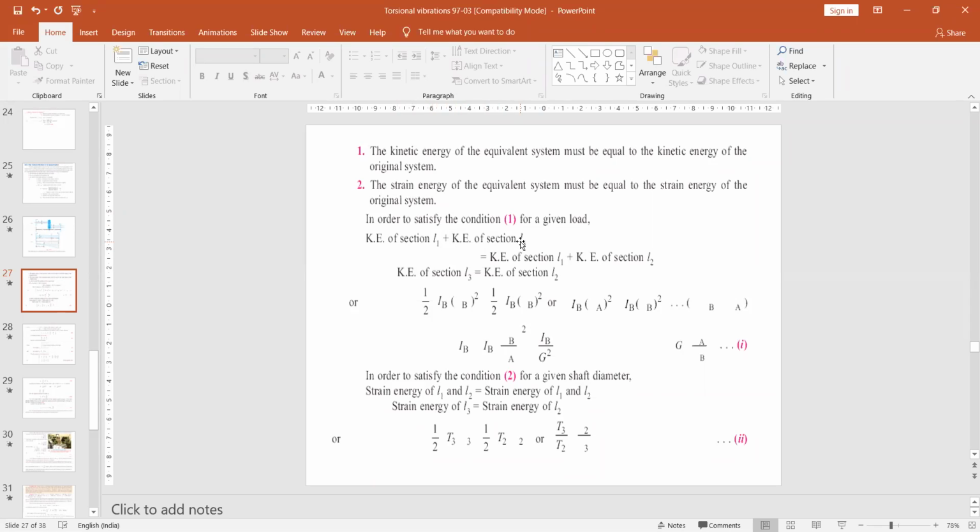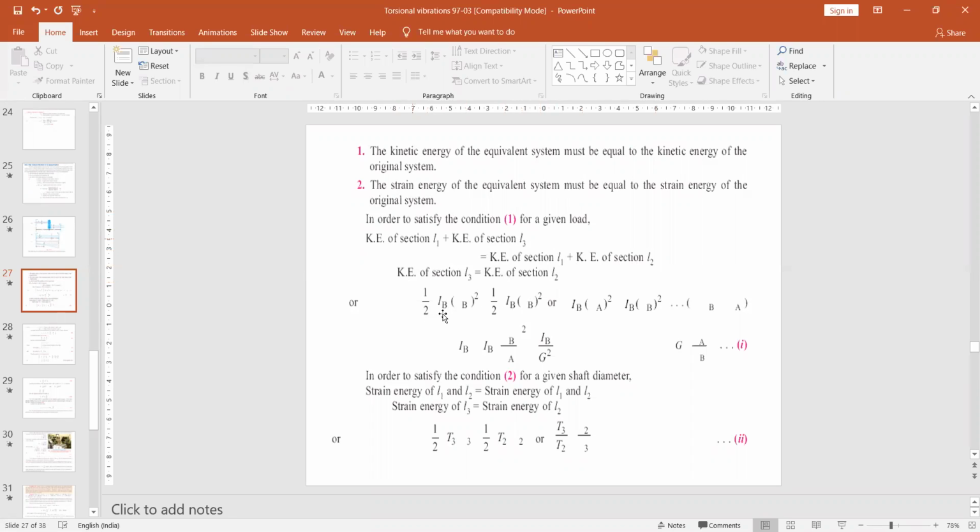Similarly, we write the kinetic energy of section L1 plus the kinetic energy of section L2 for the original system. L1 is on both sides, so both are cancelled. Remaining are the kinetic energy of section L3 and the kinetic energy of section L2.